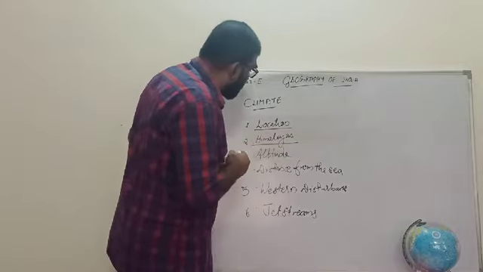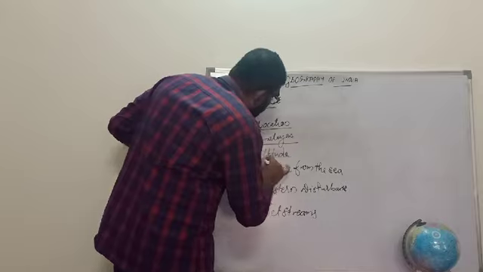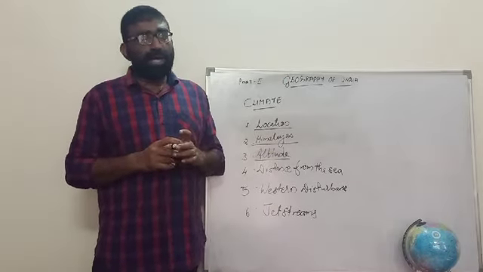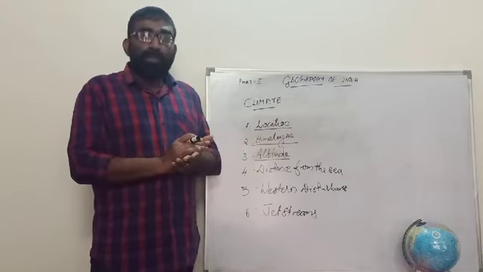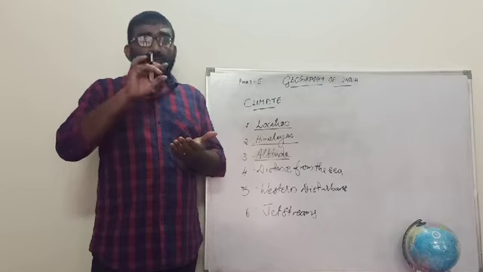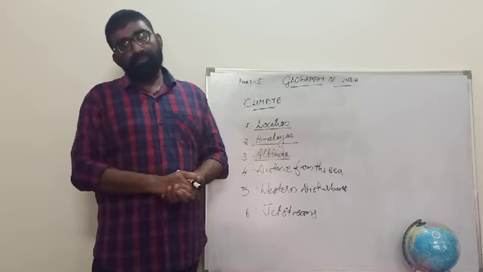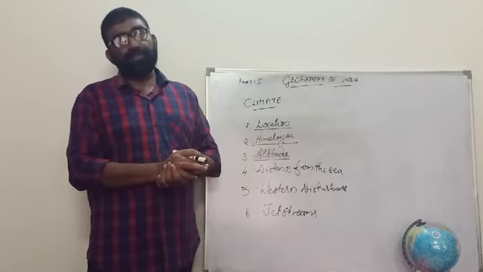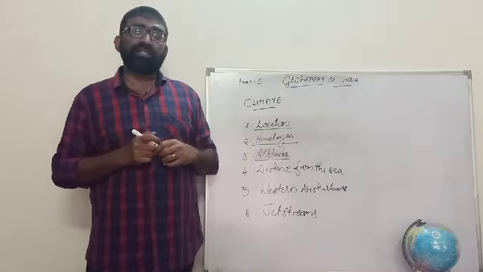The next factor is altitude. Altitude, you know, is the height from the sea level. And we know the temperature goes on decreasing when we go up. So every 166 meters of height, 1 degree Celsius temperature falls.